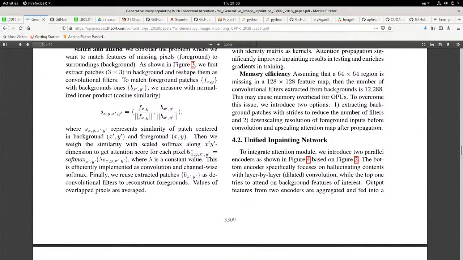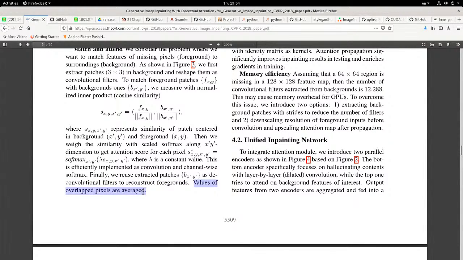For each pixel, S star, x, y, x prime equals a softmax. For lambda as a constant value, this is efficiently implemented as convolutional and channel-wise softmax. Finally, reuse extracted patches and deconvolutional filters to reconstruct foregrounds.